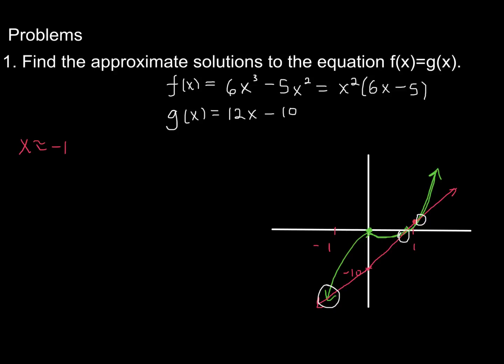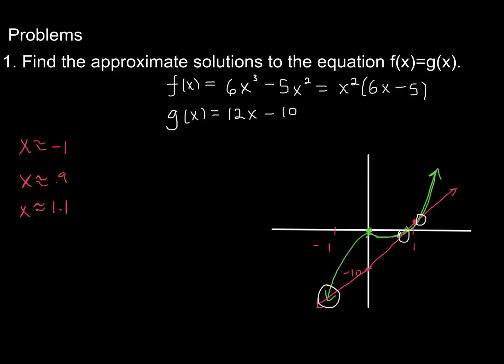But we know that our red function is going to be about 2 units above the x-axis. So we'll say something like maybe 0.9 and 1.1. Okay?